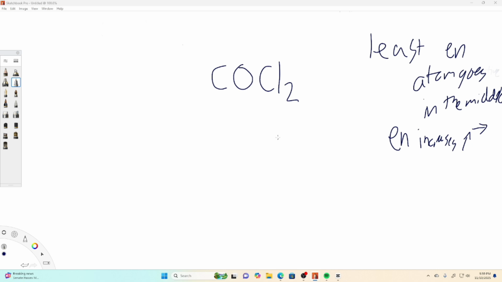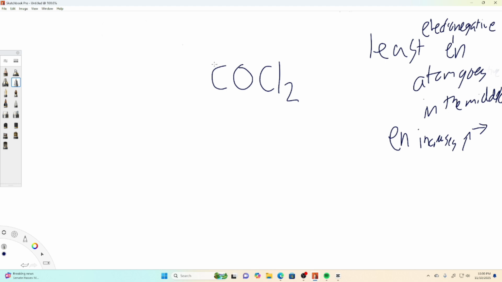So to figure out which atom goes in the middle, is it carbon? Is it oxygen? Is it chlorine? Well, to figure that out, you pick the atom that is the least electronegative. So the least electronegative atom goes in the middle.